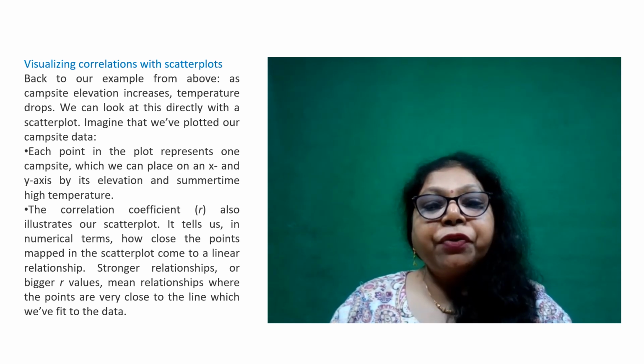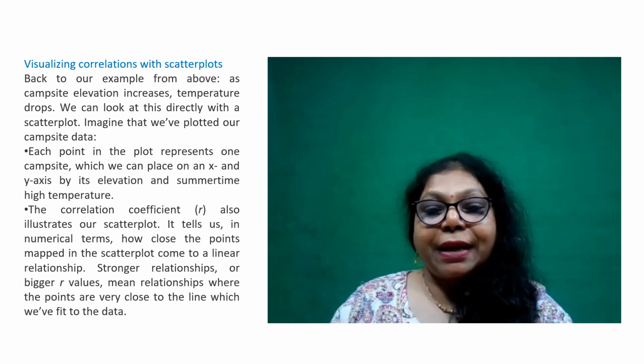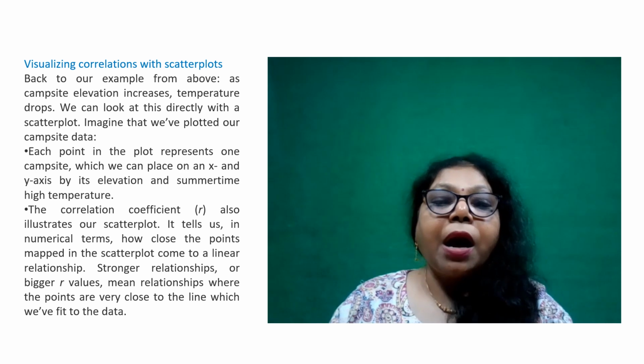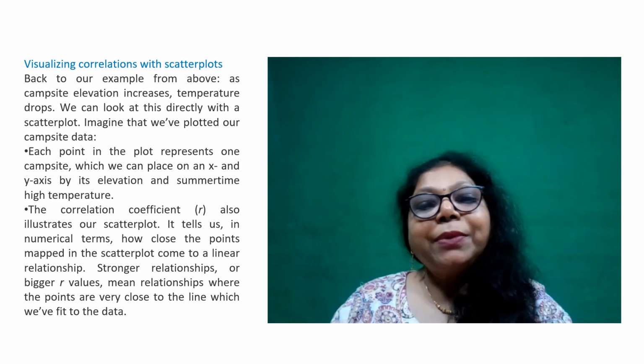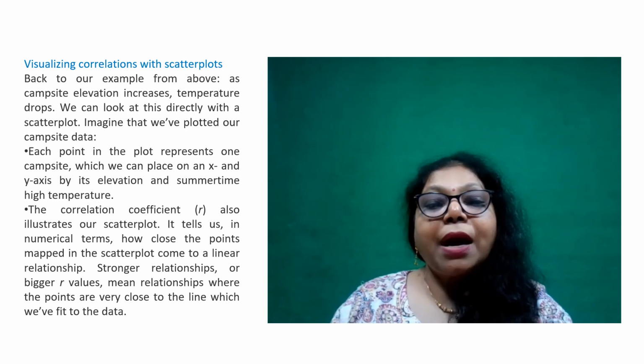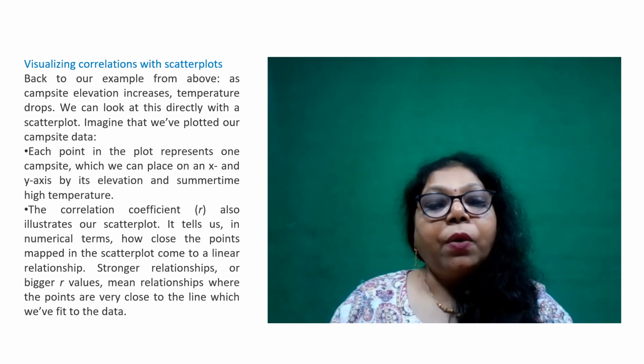So the correlation coefficient R, which illustrates our scatter plot, tells us in numerical terms how close the points mapped in the scatter plot come to a linear relationship. Now, the stronger the relationship, or let's say the bigger the R value, the closer the points are to the line which we have fit to the data.